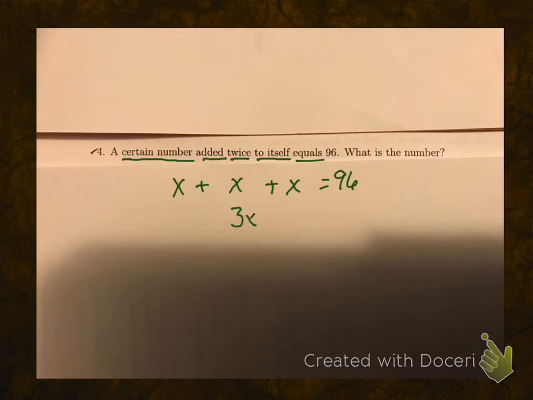Add those x's up. That gives us 3x is equal to 96. Divide it by 3. And we end up with x is equal to 32.